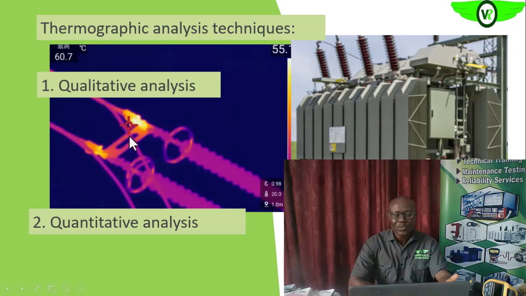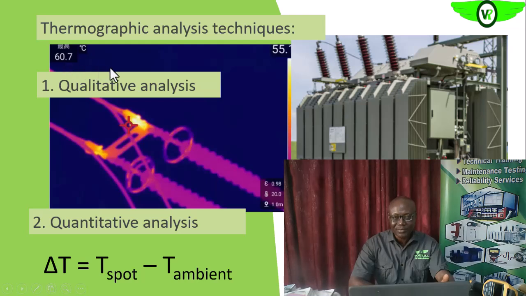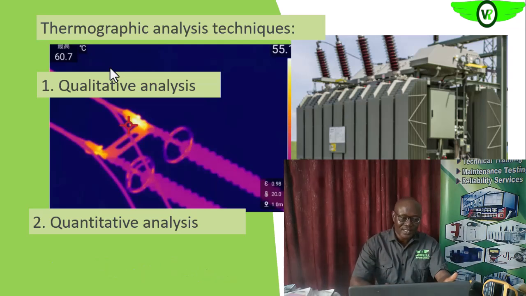Are you getting it? With that spot temperature, you now compare it with your ambient temperature. Assuming your ambient temperature is 37 or 40, which means your delta T will be 20.7, which is normal, because the rule of thumb is that if your delta T goes beyond, say, 40 degrees Celsius, that should give you cause for concern on all operating equipment, if that equipment is not meant to operate at such a high temperature.